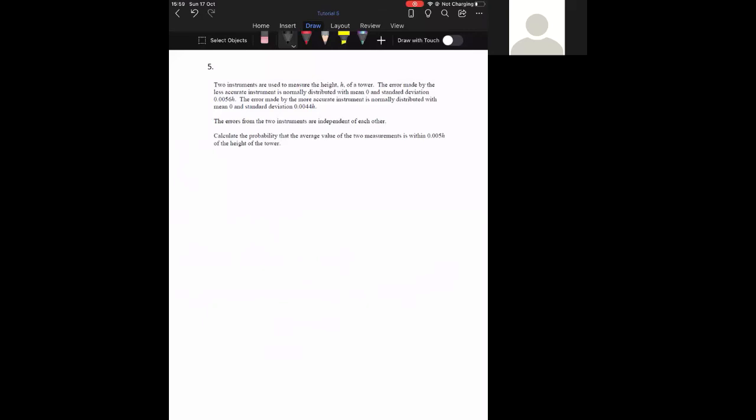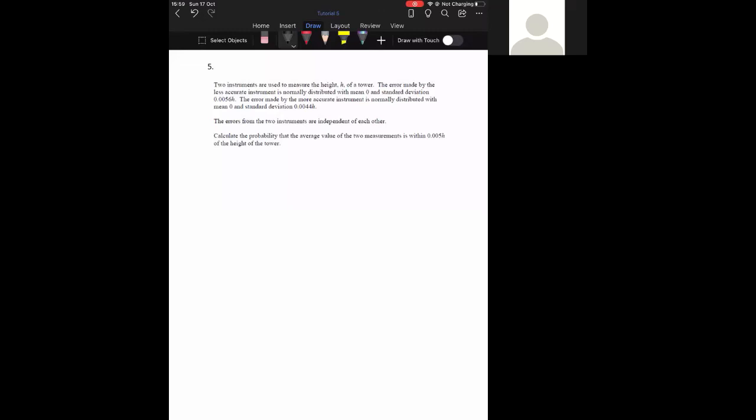The errors from the two instruments are independent of each other, so we know that there is independence between the two random variables. Calculate the probability that the average value of the two measurements is within 0.005h of the height of the tower.